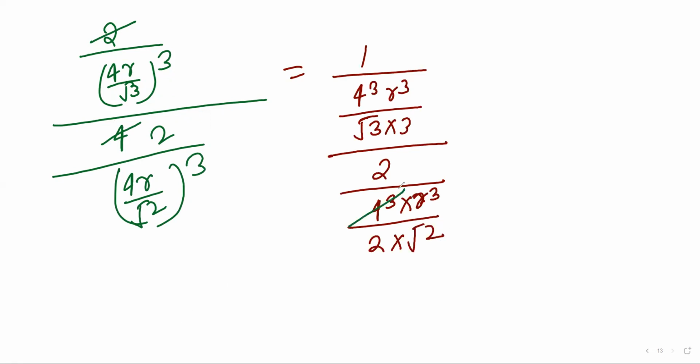Now cancel the terms which are common, right? So these 2 and these 2 will get cancelled. So what will be the answer then? Tell me. So we are getting 3 upward, so it will be 3 by root 2, right?